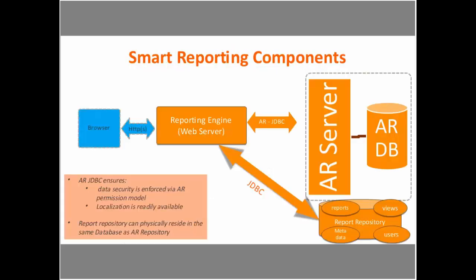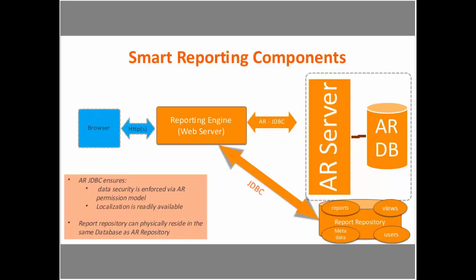Moving on. Here is a simple depiction of the components that work to enable smart reporting. You have the browser, and then you have a reporting engine, which is currently Tomcat. The reporting logic essentially works on top of Tomcat, and the data access is through AR-JDBC.